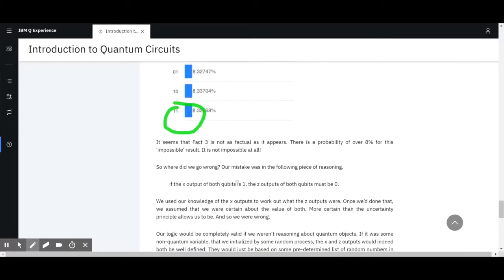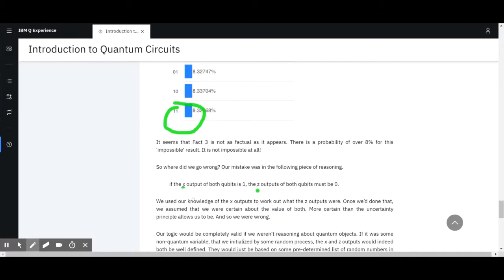I think that's it. So the mistake is saying that if the X output of both qubits is 1, the Z outputs of both qubits must be 0. That is not true in quantum. That would be correct at a classical level, but it's not correct in quantum, because the fact that the X output of both is 1, it's not like a zero-sum thing where the two dimensions have to always agree, right?